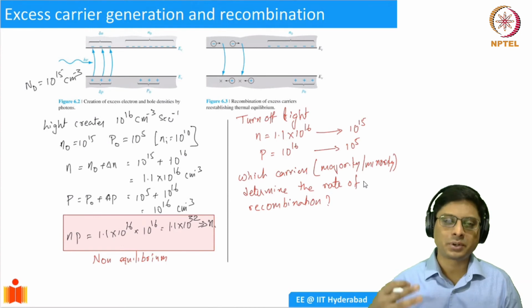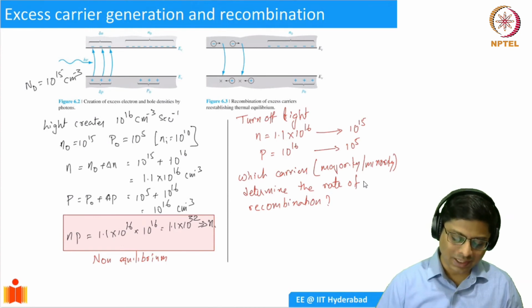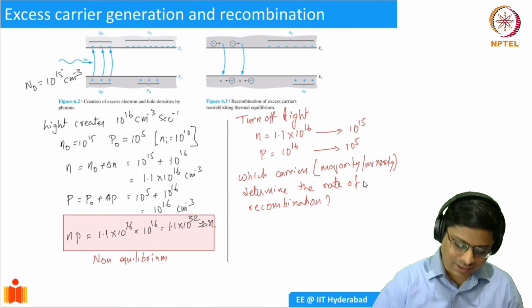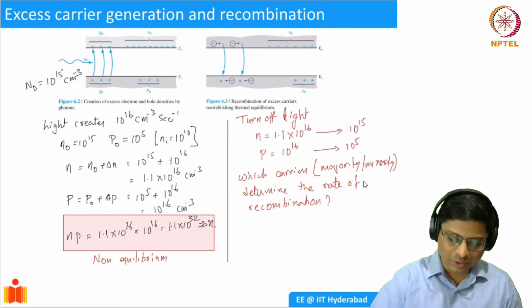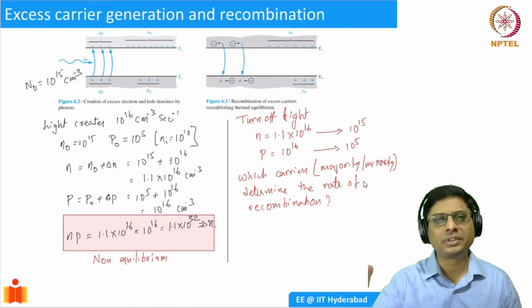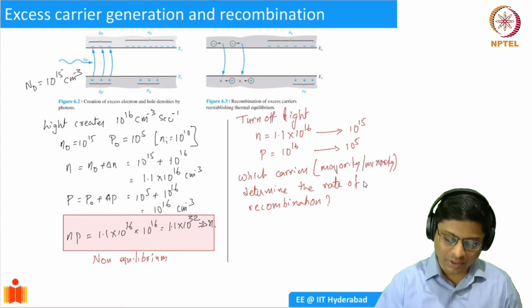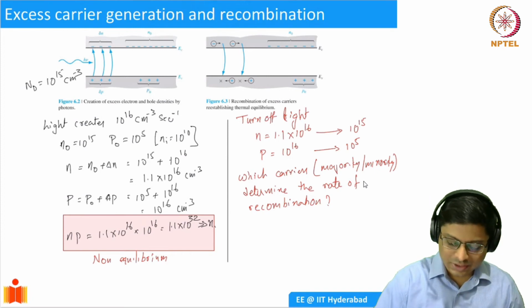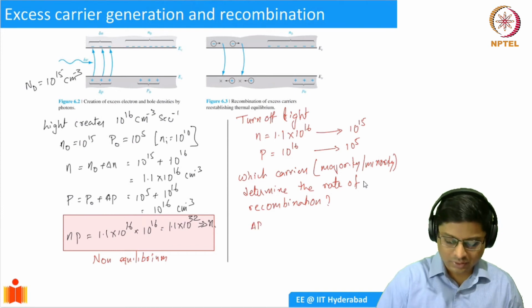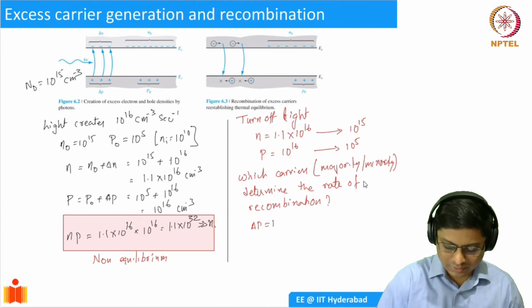When you have a sufficient number of electrons and holes. In this case, delta n only changes from 10 power 16 to 10 power 15, one order of change. But delta p changes from 10 power 16 to 10 power 5, 11 orders of magnitude. So let's say initially you started out with delta p equal to 10 power 16 at t equal to 0.